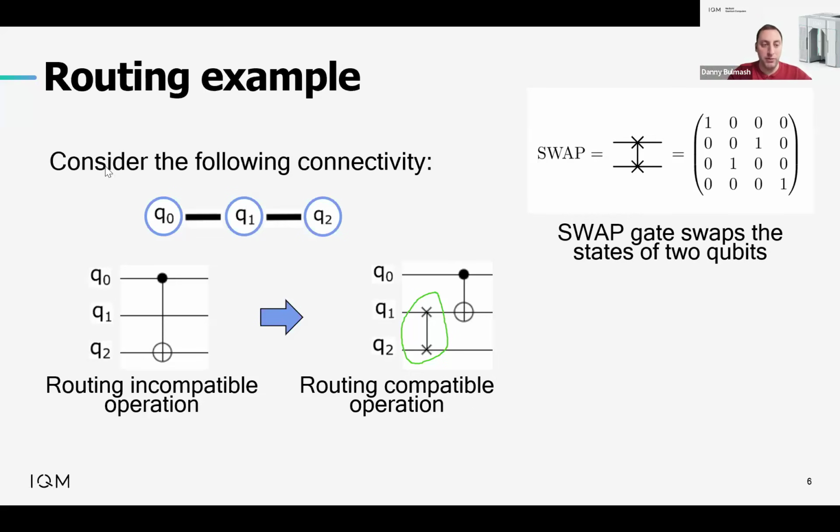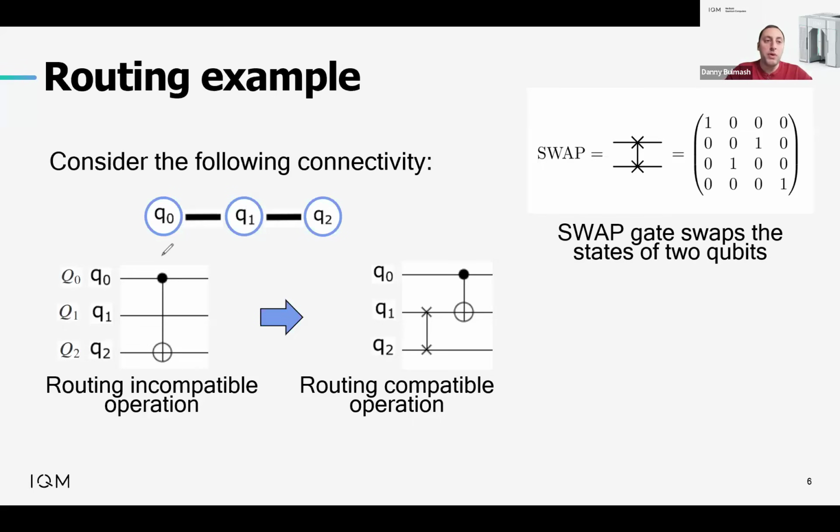So why is this helpful for us? The idea is the following. Imagine that in our program, we wrote down our quantum variable in CRISP, and it has 3 qubits in it. So we did quantum variable 3, and we have qubit 0, qubit 1, and qubit 2.